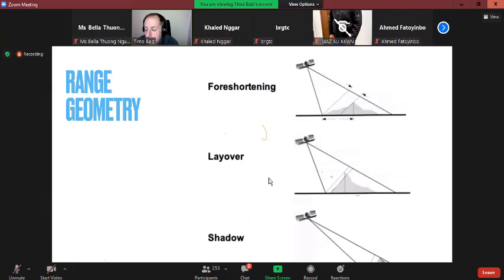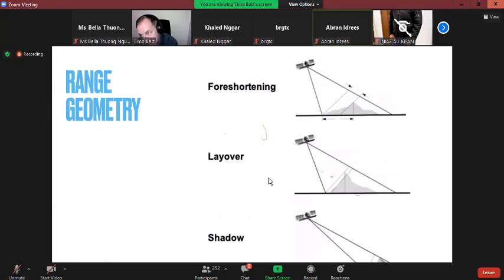If we have a mountain, the top of the mountain is closer to our satellite than the bottom. A higher point at the same X position is closer to our satellite. So that leads to foreshortening, which means that the front side of that mountain, the side that is closer to the satellite, gets shortened in the image, and the backside gets stretched in the image.